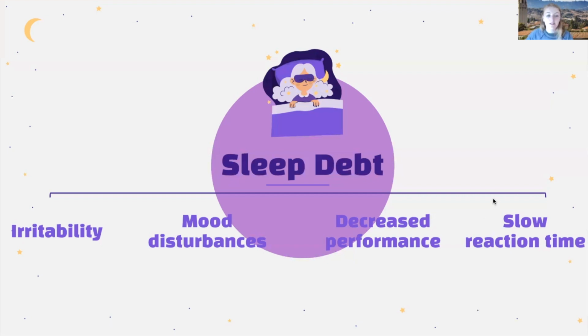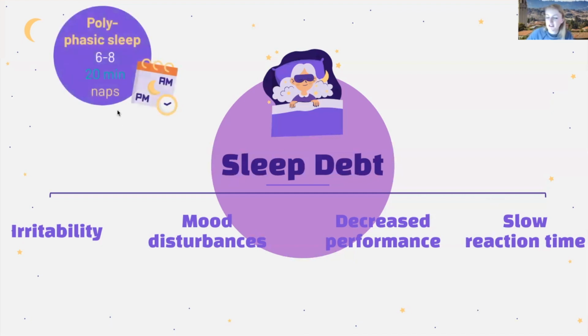First, I'm going to talk about how extreme sleep deprivation can actually cause psychosis. There's this type of sleeping called polyphasic sleep, in which individuals take 6 to 8 twenty-minute naps a day. In these periods, they try to consolidate their sleeping into small segments rather than sleeping throughout the night, so they can be more productive, they say.